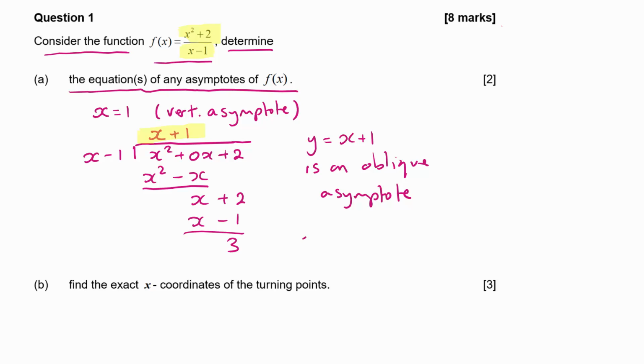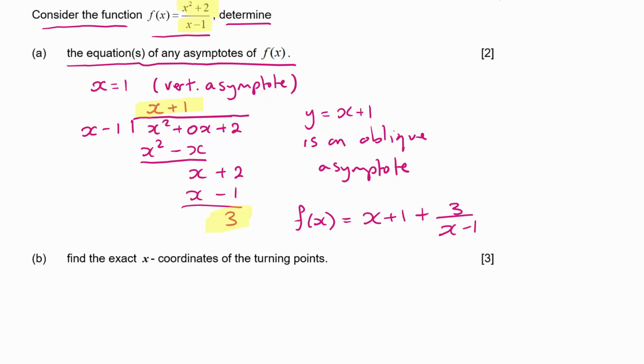Now also we can write f of x now as x plus 1 plus the remainder divided by x minus 1. So when we're asked to find the exact x coordinates of the turning points, it might be easier to differentiate this one.